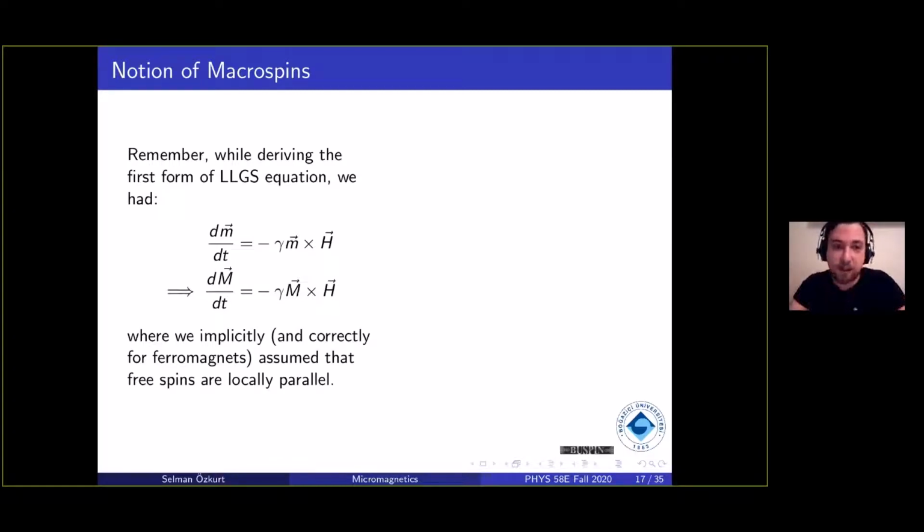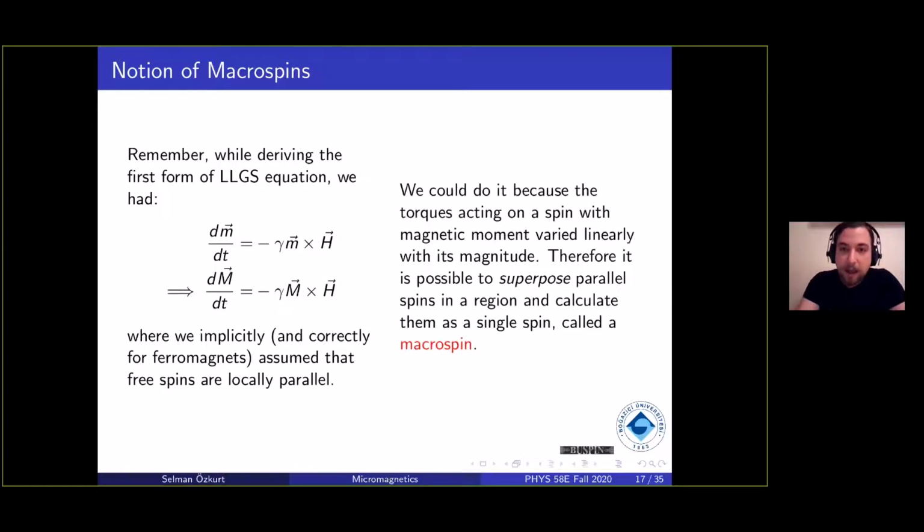Exchange interaction is the strongest of all interactions we consider here. And we assume they are precessing together, and therefore a macrospin, which has the magnetic moment sum of the constituting spins, and also an angular momentum consisting of the sum of the spin angular momentums of all the electrons within them.